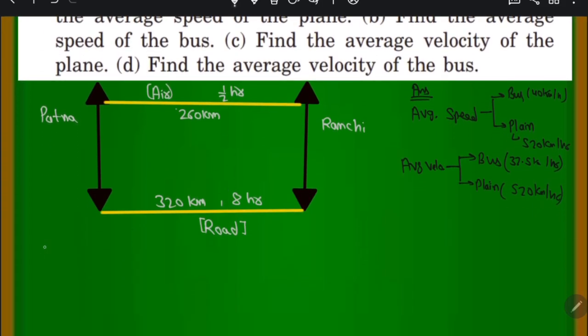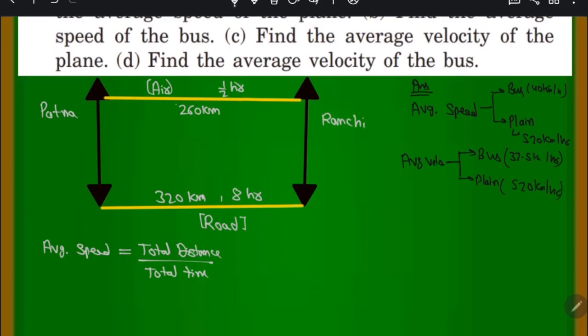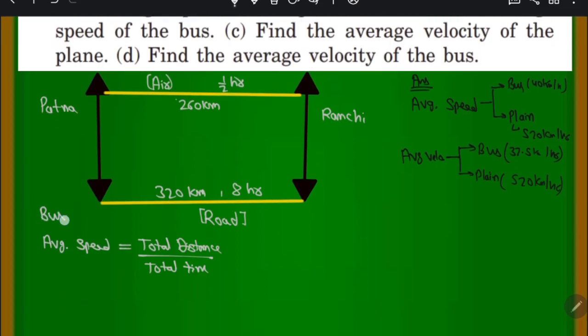Find its average speed. So average speed is basically total distance by total time. Right? Find the average speed of bus. So bus average speed is basically total distance 320 divided by total time 8.